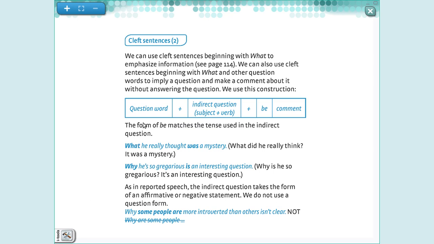So as I told you, how can we write our cleft sentence? We use a question word, subject plus verb, verb to be, and the complement of my sentence. Great? Take your time and read this explanation. You can pause the video and read it.